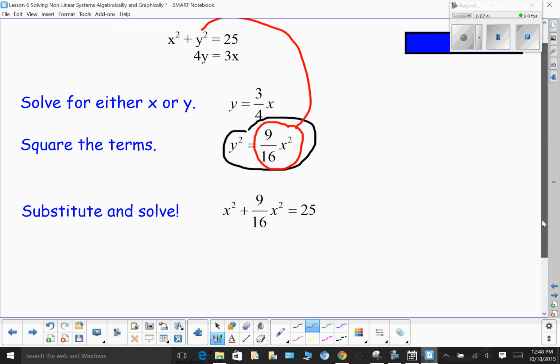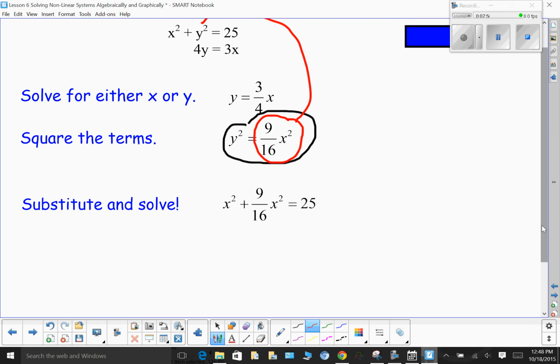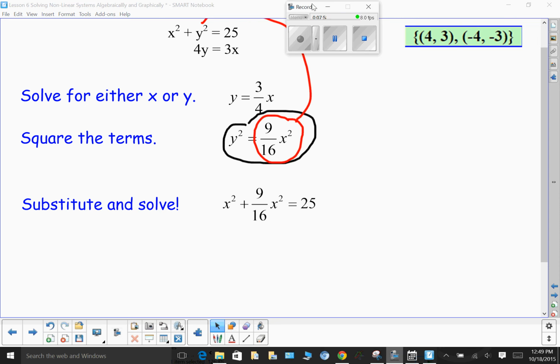I can go through and I can change, let me make sure I get this so that you all can see the answers. I can go through, and this is 16 over 16. Oh, I wish my pen would work again.